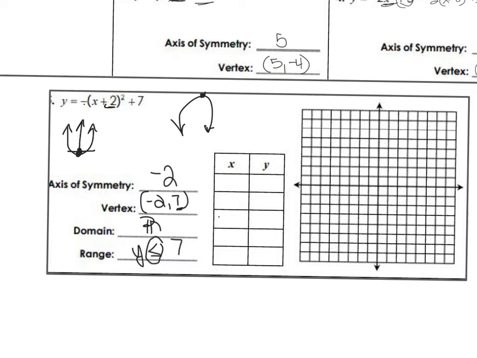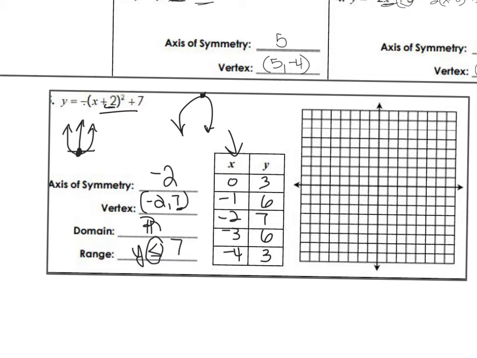And you can take your vertex and put it in the center, put the equation in your calculator, go to your vertex, and then go forward and backwards to get your y-coordinates. Or if you don't want to use the calculator, it takes up a little more time, you can just plug numbers in for x into your equation and get y.